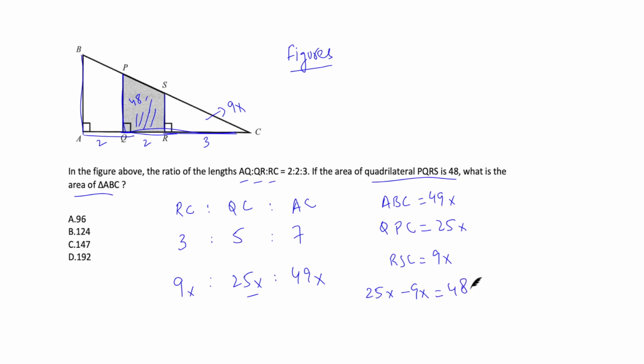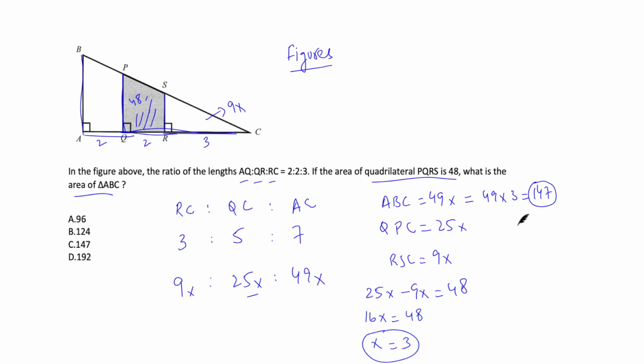We will get our multiple x. 16x equals 48, x equals 3. Simply replace x equals 3 over here and we will get our target answer. 49 into 3 is 147. This is our answer.